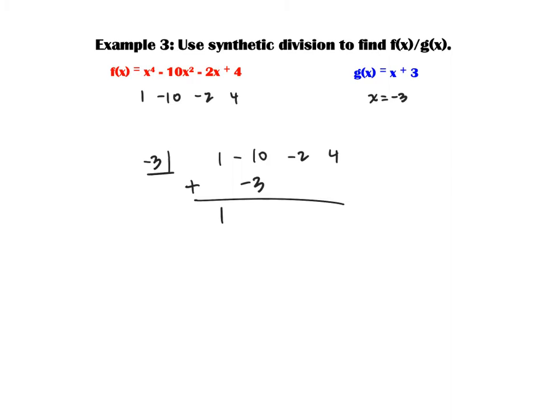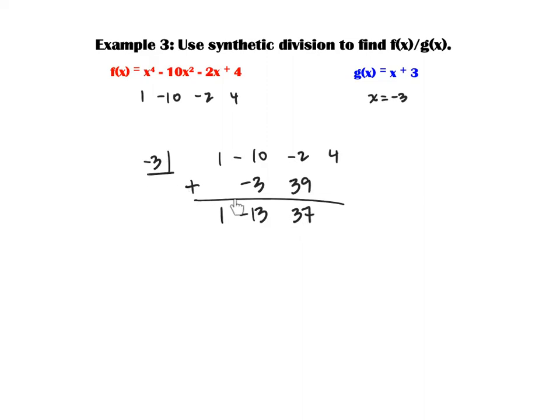So if I add -10 and -3, I get a -13. Okay, now yet again, what I'm going to do is I'm going to multiply the -3, but now times the -13. So -3 times 13 is 39. Okay, now I'm going to add -2 and 39, which is a 37.